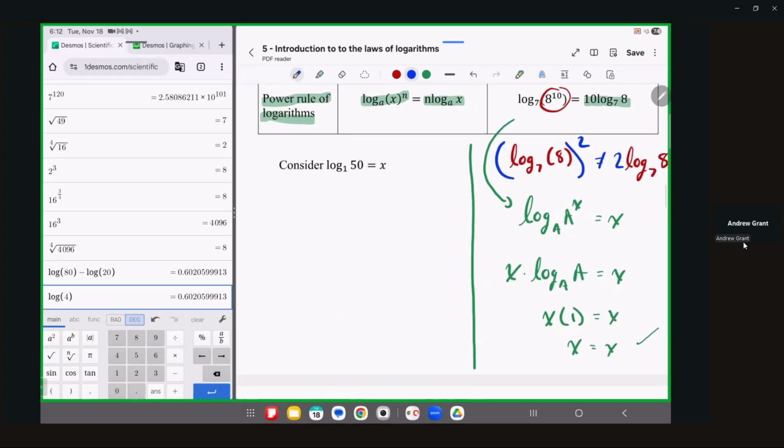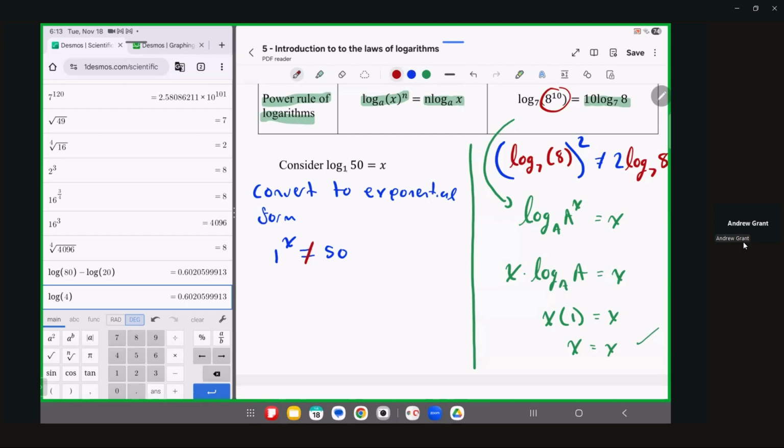Well, you would end up with 1 to the power of x is equal to 50, and 1 cannot be raised to any power to produce 50. That's just not going to work. That does not make any sense. So that's why we have to have a base not equal to 1.